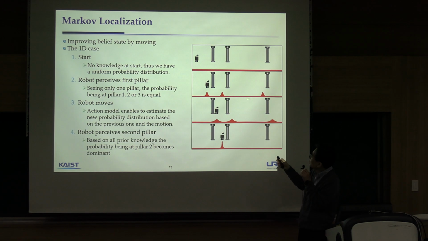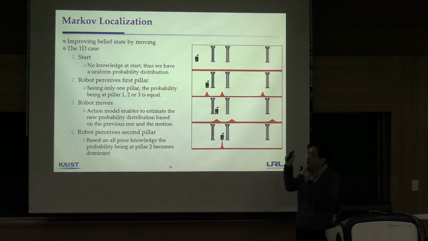Then we have three peak probabilities like here. The robot will be here or here or here, because we know the map already. If the robot observes one of those pillars, then the robot will be in front of one of them.